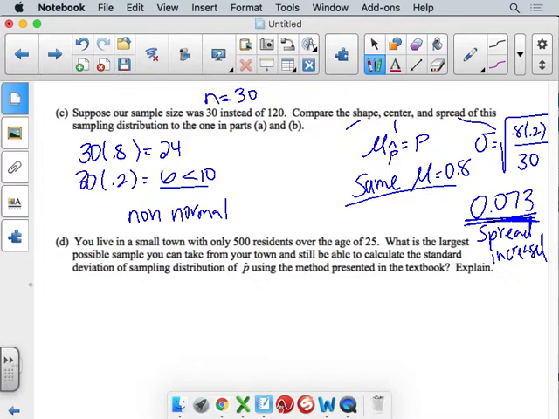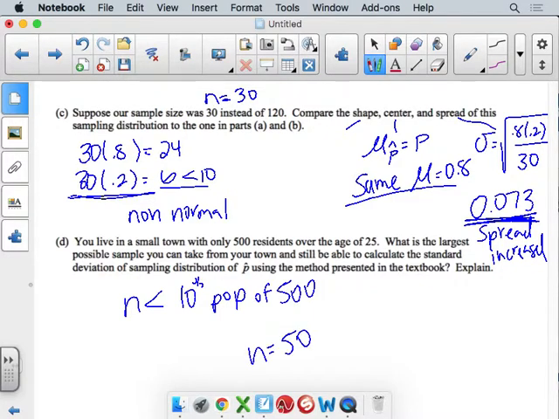So this is where our sample size, we need our sample size to be less than 10% of our population so that we have independent samples, so that there's some room for variation. So what is 10% of 500? I believe that's 50. So you need 50 or fewer samples.